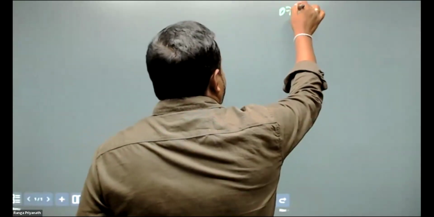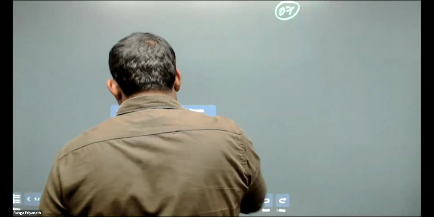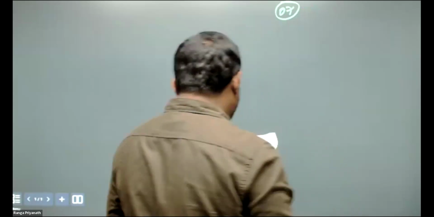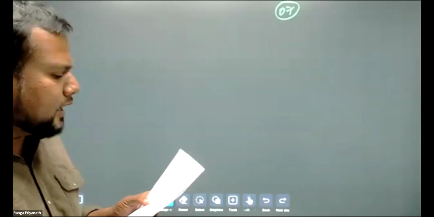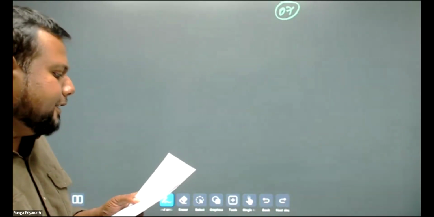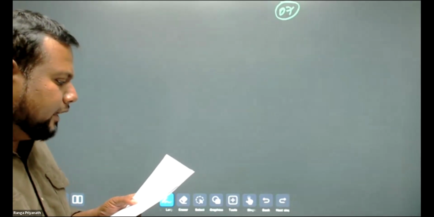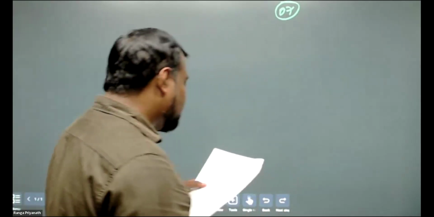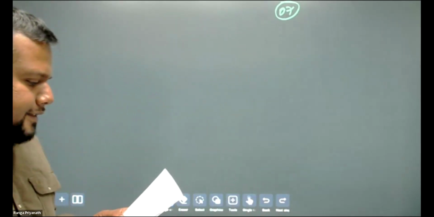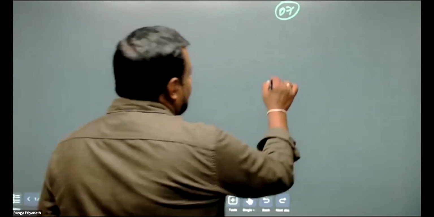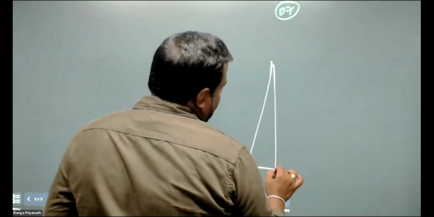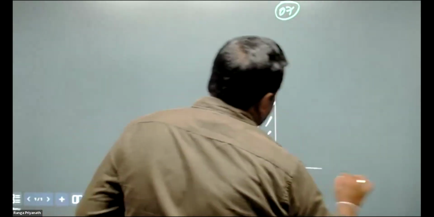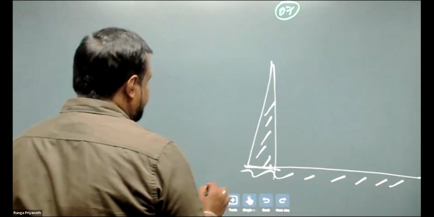Question number 7. Two identical balls A and B are projected horizontally from a high hill at angles of 30 and 60 degrees respectively. So at one location, the ball is projected. Two balls were projected.